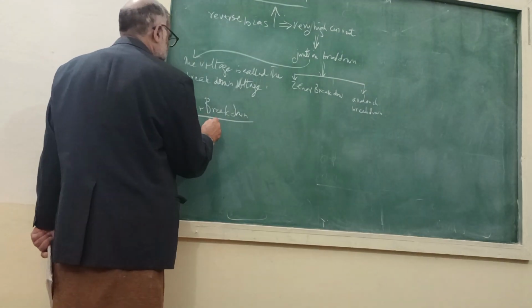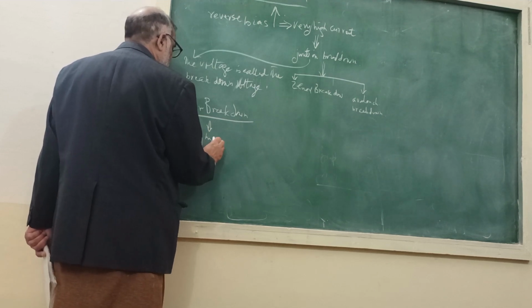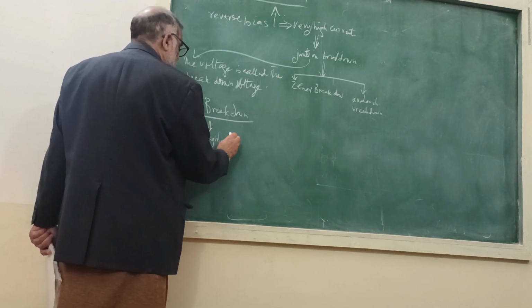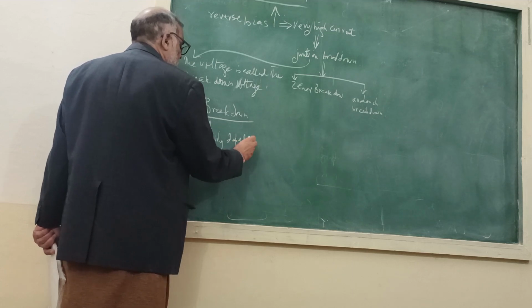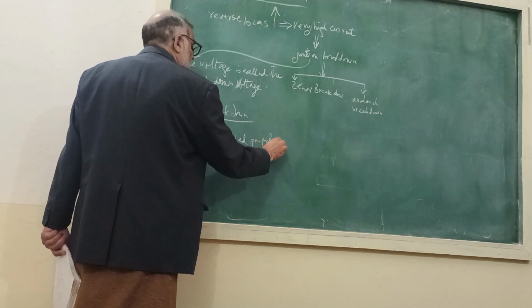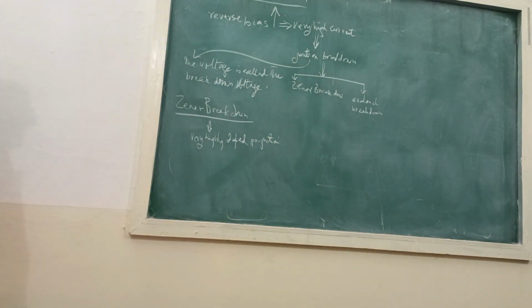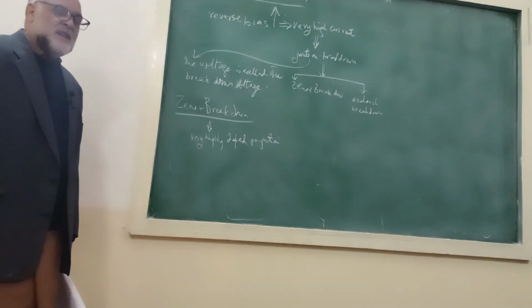Zener breakdown occurs in very heavily, or very highly, doped PN junctions.